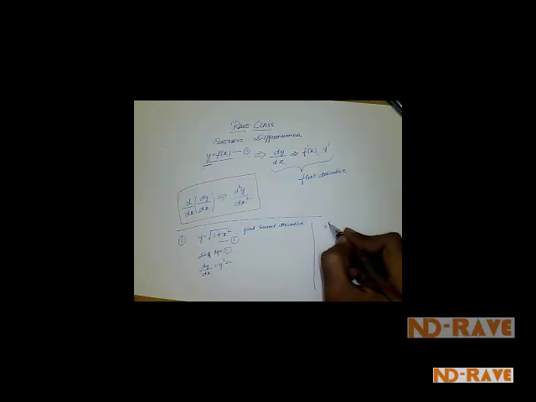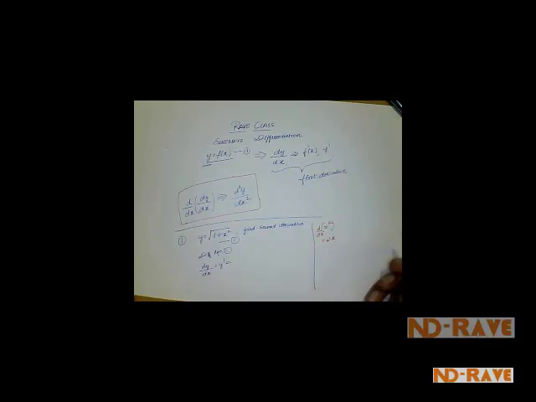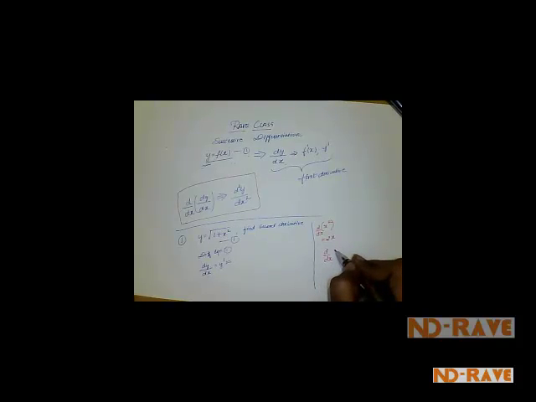So the differential of x square, that is d by dx of x square, is given as 2x, and d by dx, that is nothing but differential with respect to x of root x, is given by 1 by 2 root x.